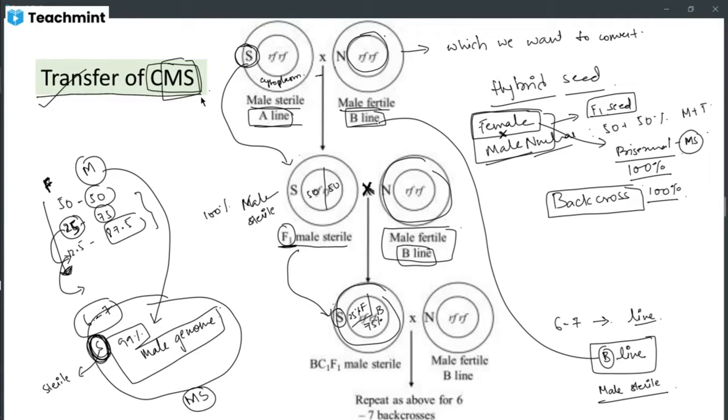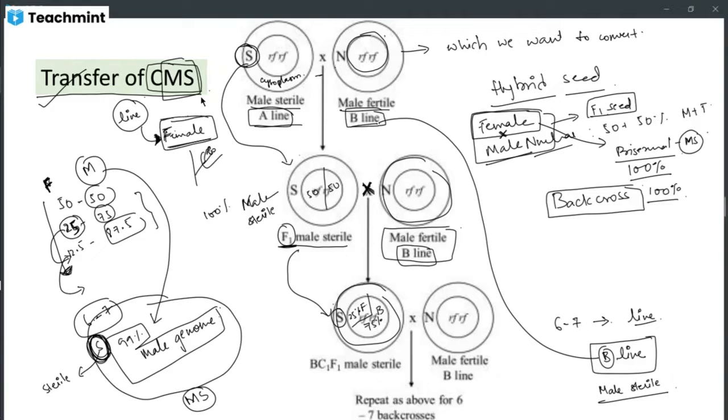We have developed a line which has all the essential features so that it can be the female line in hybrid seed production. But the only condition is it has a flower where the stamen as well as the pistil are side by side.